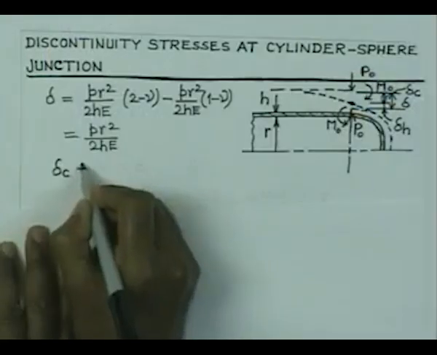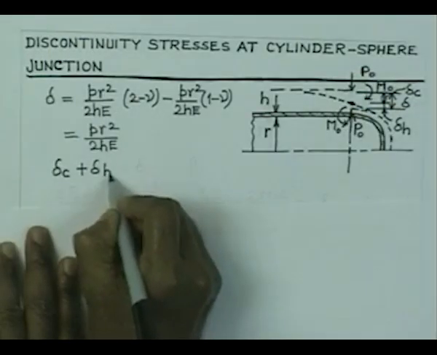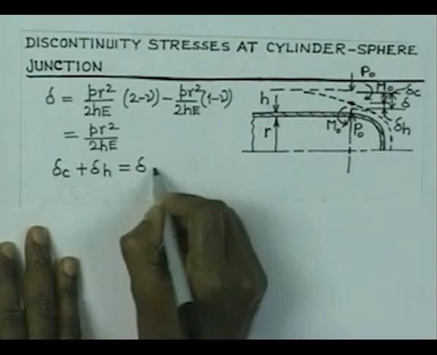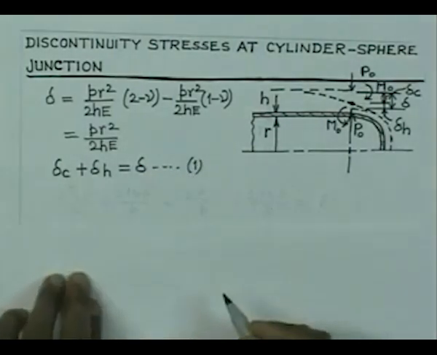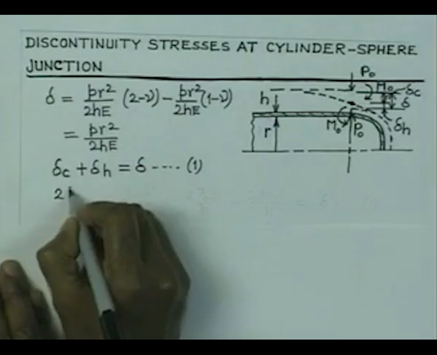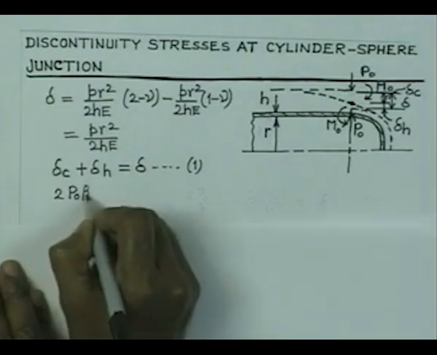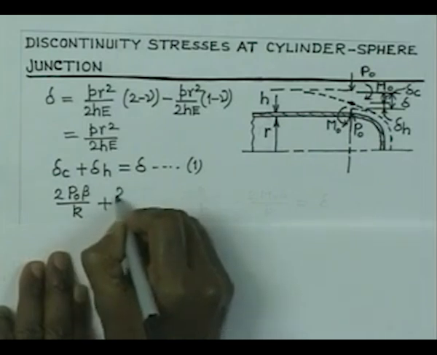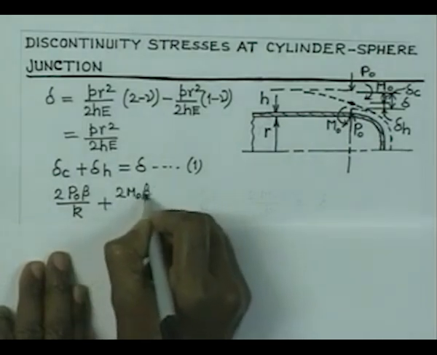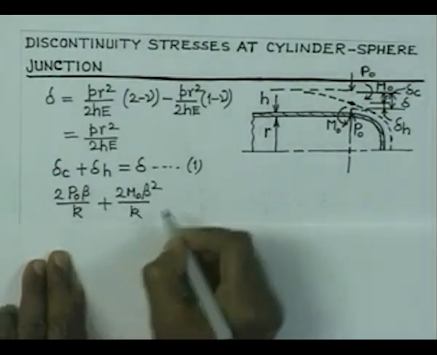So, we can now write delta cylinder plus delta head is equal to delta, that is our compatibility equation, and therefore this is 1. Now we can directly write the value for delta cylinder, which is nothing but twice P0 beta by k plus twice M0 beta square by k.